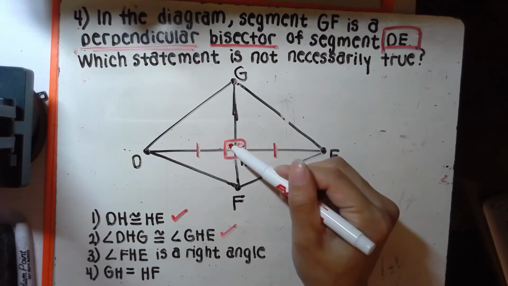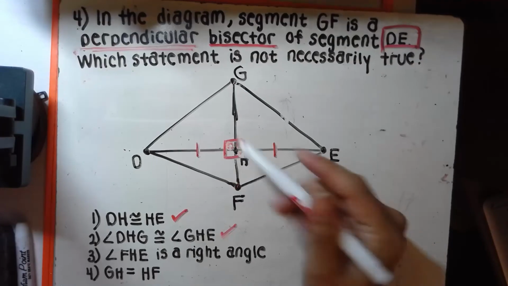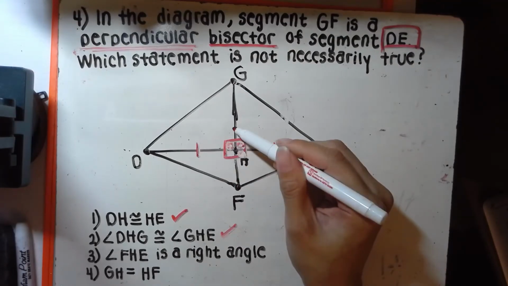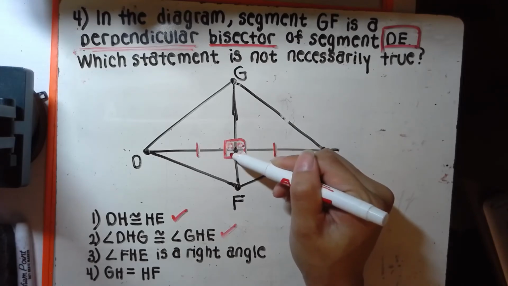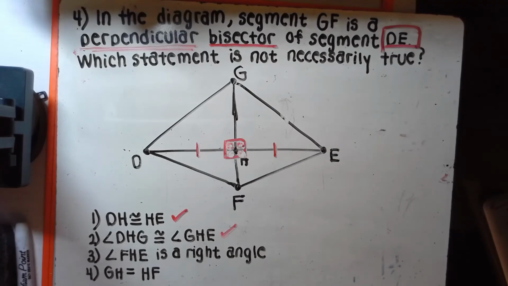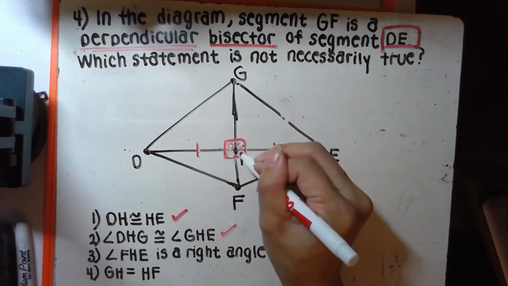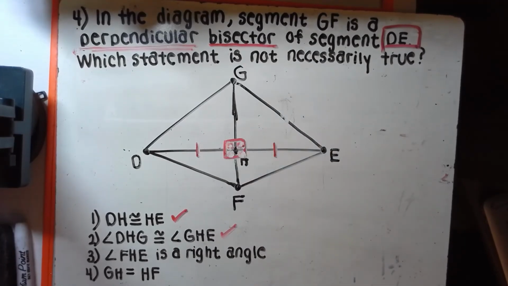Same thing here, right? It just forms a line. So if one line measures 180 degrees, and we already have 90 degrees here, the other part is also going to be 90 degrees. So we know that all four parts are going to be 90 degrees, and they are right angles. So this is also true.